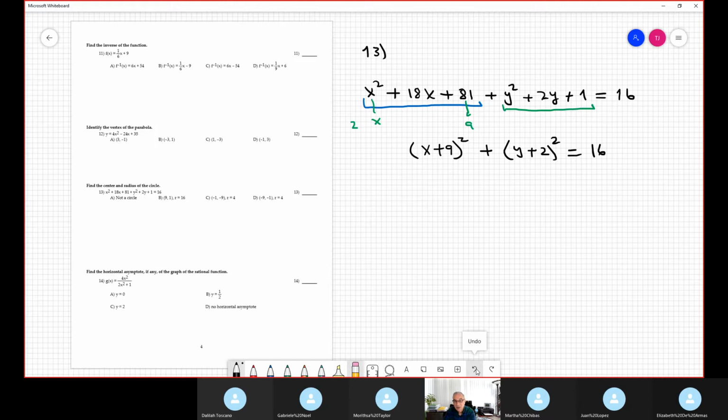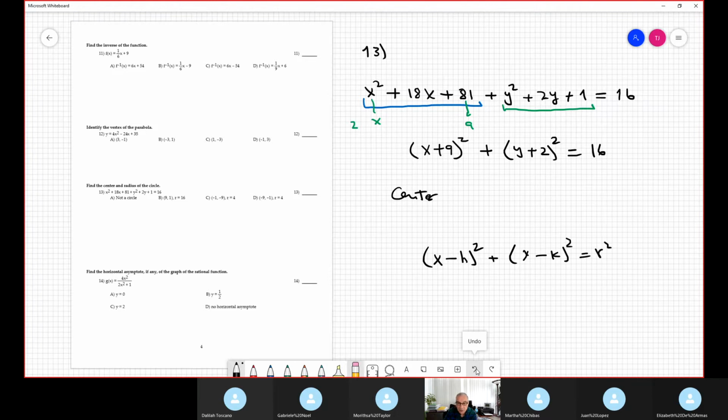Now the moment when maybe they are confused. The center is h comma k, and we compare with the standard formula of the circle, (x minus h) squared plus (y minus k) squared equals r squared.